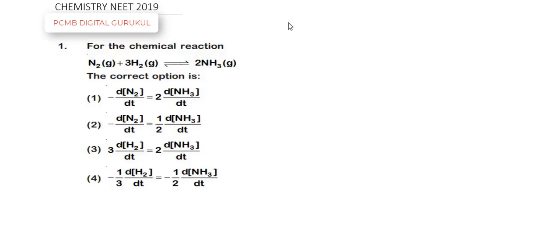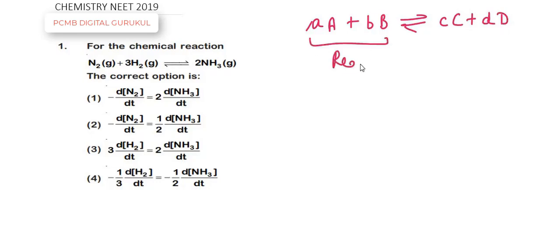So for this you must know how to write the rate of reaction when any general equation is given to you. Let us consider that a moles of A react with b moles of B, the reaction is in equilibrium, and it gives us c moles of C and d moles of D. A and B are reactants here and C and D are products.